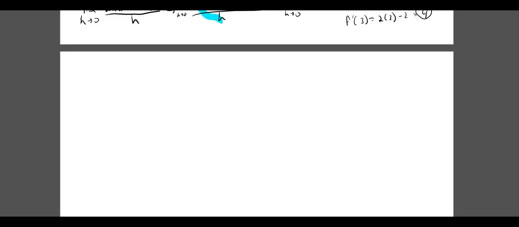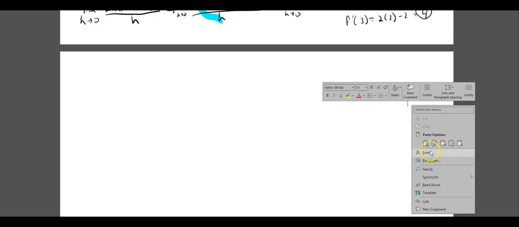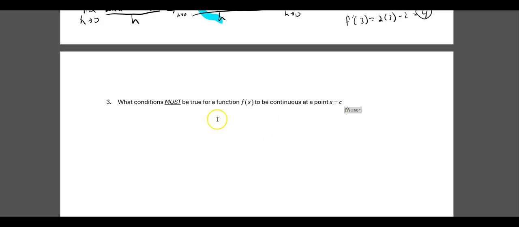Number 19 asks what conditions must be true for a function to be continuous at point c.